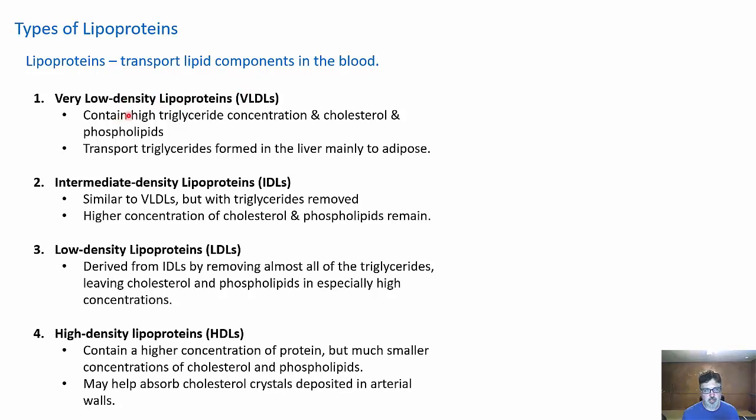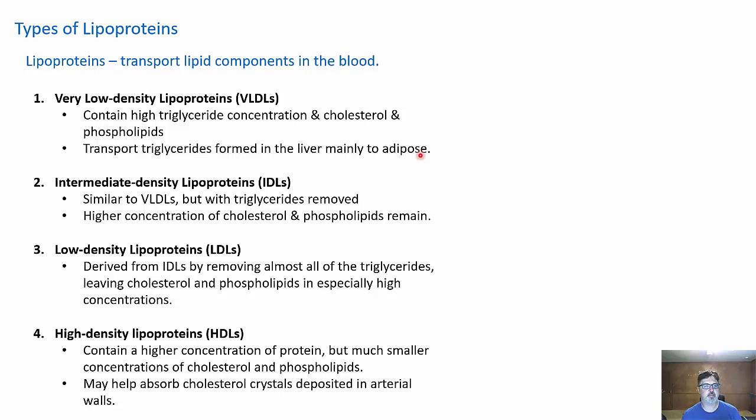We call them very low density because they are filled with high triglyceride content, and to a lesser extent have some cholesterol and some phospholipids. It's these VLDLs that are transporting those triglycerides formed in the liver to other areas like your adipose tissue. So they can deposit those triglycerides, those fats, into your adipose.